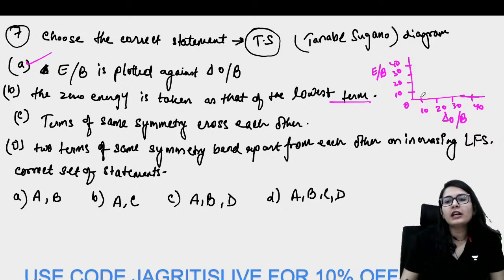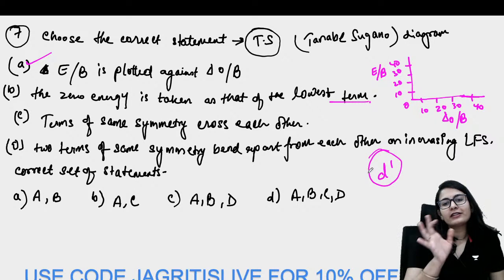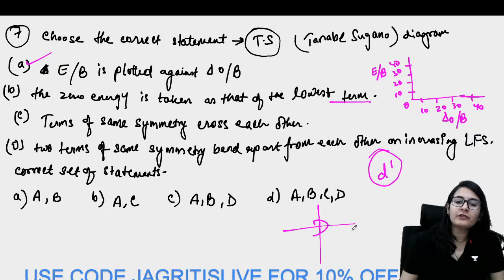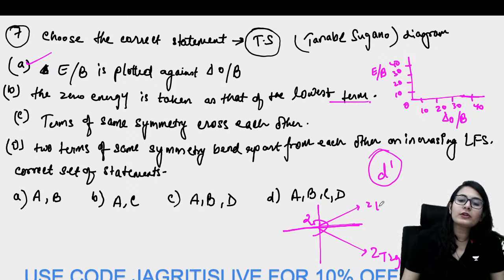Yes, absolutely. Let's say we are talking about the d1 system. The d1 system TS is not asked, but this is the easiest to discuss. You are going to split this D term. What does the Orgel diagram look like for the d1 system? It splits into 2D, because only one electron is there, so this is 2D. So 2T2g and 2Eg.